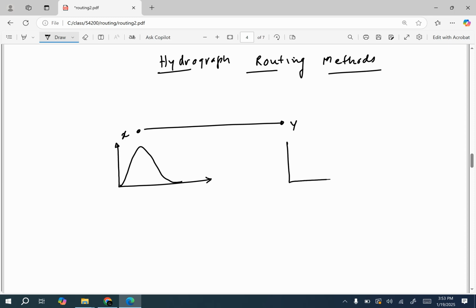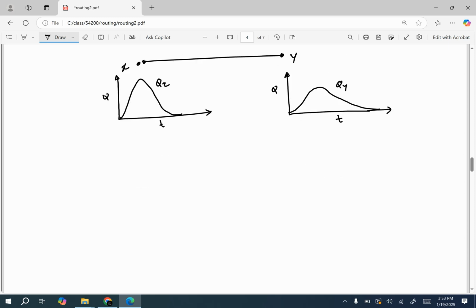So we have the hydrograph at Qx and then we have the hydrograph at Qy. As the hydrograph moves from upstream location X to downstream location Y, we have attenuation and flattening. There are two methods that are used for routing of hydrographs.